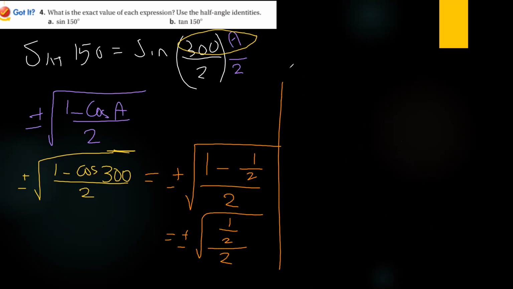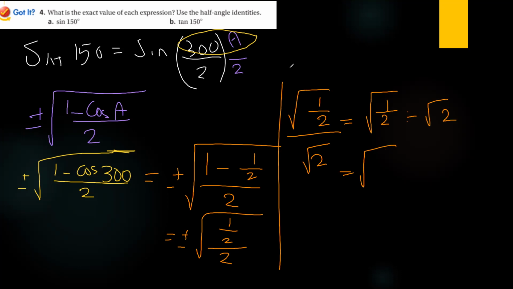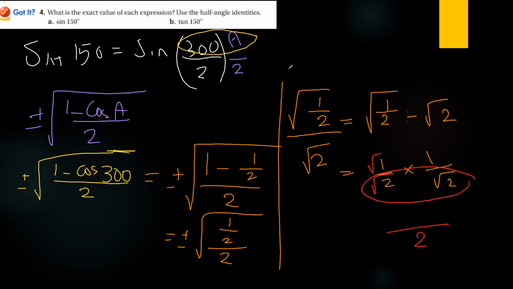I will distribute the square root on each part, so it will be half over square root of 2. Then half divided by square root of 2 is half multiplied by 1 over square root of 2. Then square root of 2 times square root of 2 is 2, and 1 times 1 is 1.